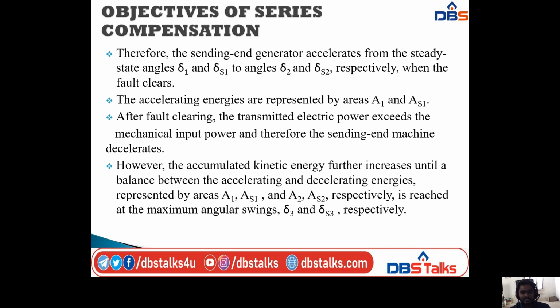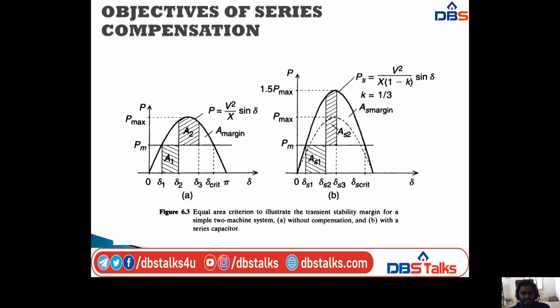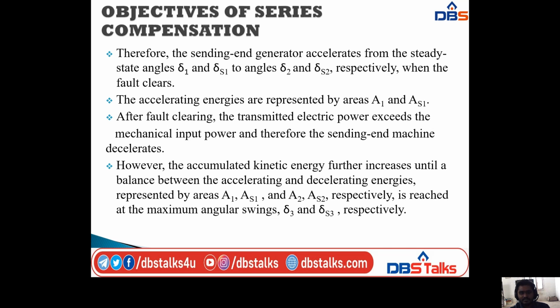Next, the accelerating energies are represented by areas A1 and AS1, A1 on the first curve and AS1 on the next curve. These two are the accelerating areas of the system.